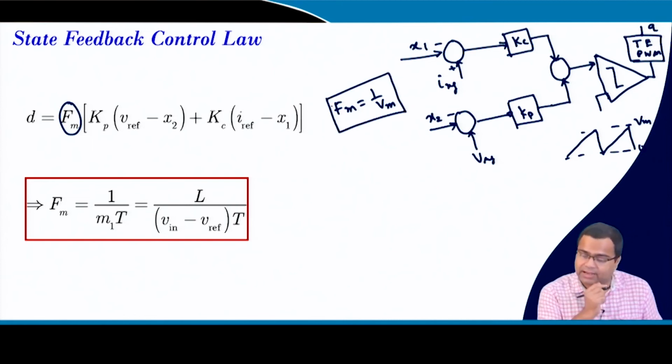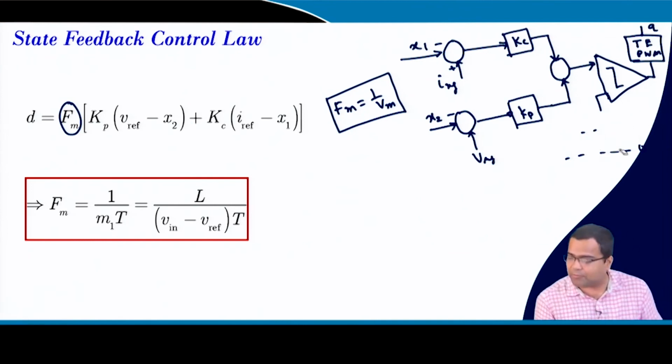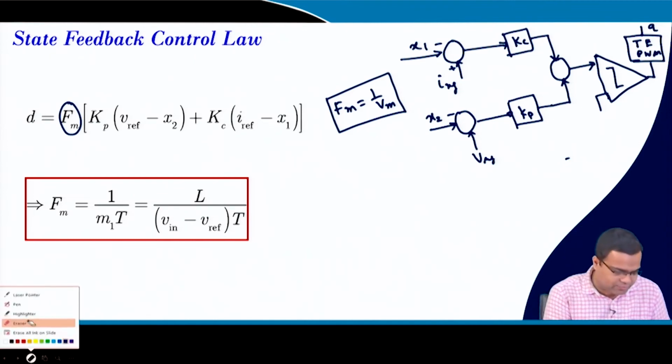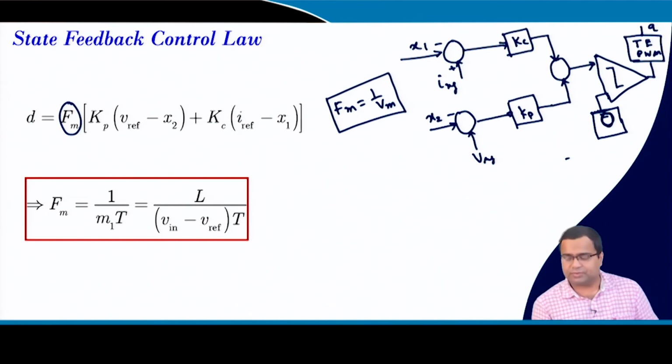But there is another possibility: if you do not take the ramp, you can also make it 0. Suppose instead of taking the ramp, you make it 0, because there is no ramp compensation, then this whole quantity will be 0, it is grounded.